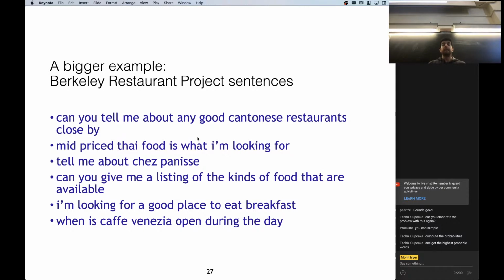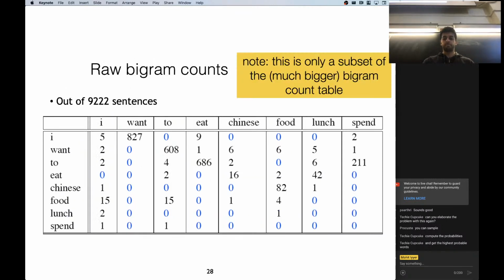So in your reading, you probably saw this, a bigger example from the Berkeley Restaurant Project. So these are just kind of conversations about restaurants. I'm looking for a good place to eat breakfast. We can take a look at this as a little larger scale bigram model. So generally, if you're doing n-gram modeling, you're going to form a table where the rows correspond to the prefix and the columns correspond to the next word.